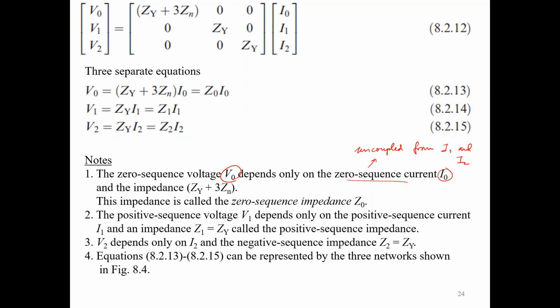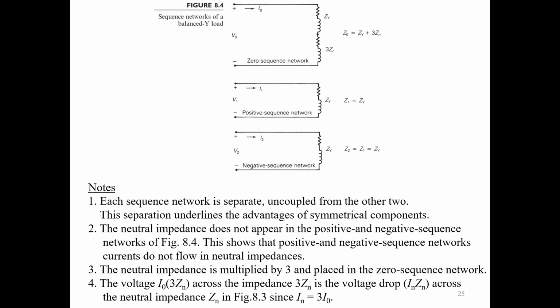Similarly, V2 depends only on I2. It's uncoupled from I0 and I1, and the negative sequence impedance is Zy. So this is represented by three different networks like this. We have V0, I0, and Zy plus 3 times Zn. Separately, we have V1 and I1 for the positive sequence network.